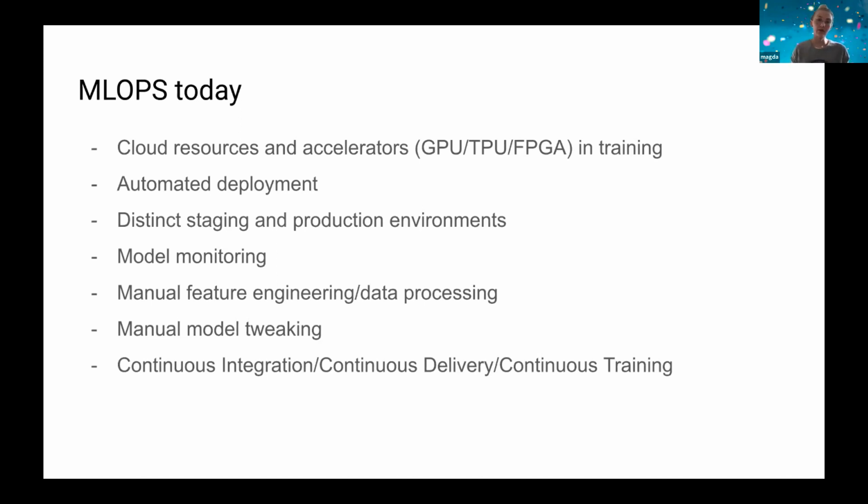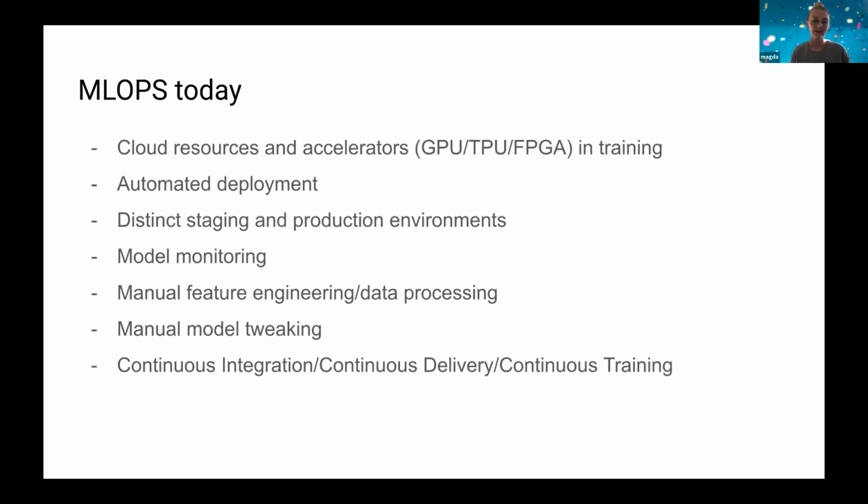Then there are some solutions for model monitoring. This is improving all the time. We still have a lot of manual work in the feature engineering and data processing, which causes a bit of a slowdown. And it's one of the main challenges that teams are trying to solve today in MLOps infrastructure, getting the data processing and the data phase in the MLOps pipeline to work smoother. There's also still a lot of manual model tweaking going on.